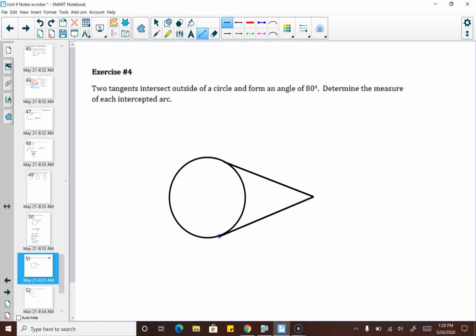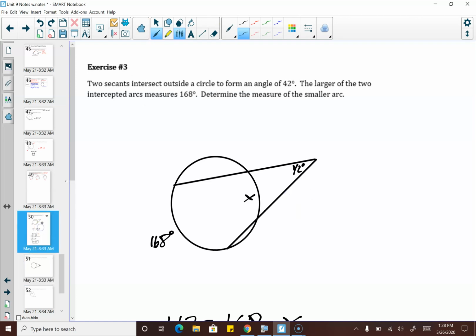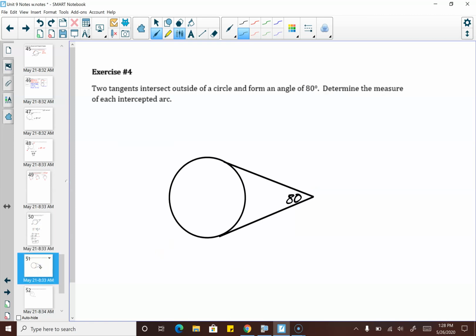So they'll look kind of like that. Now it says the angle outside is 80 degrees. Now in the last one, they gave us one of the arcs, and that's how we were able to figure out the other one. The difference in the tangent problem is that there's only 2 total arcs.